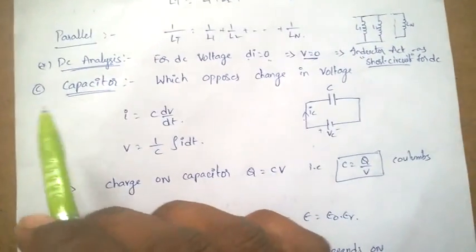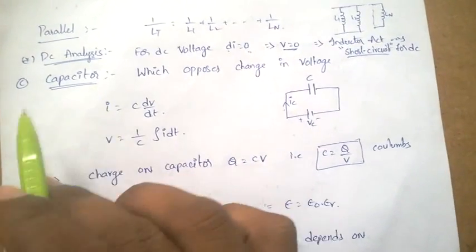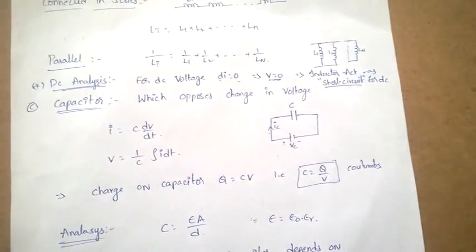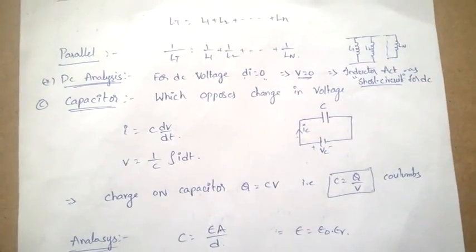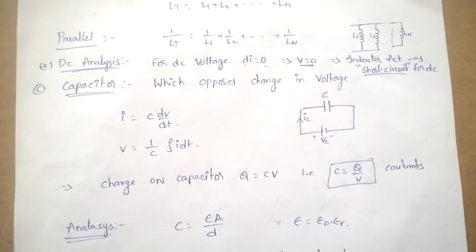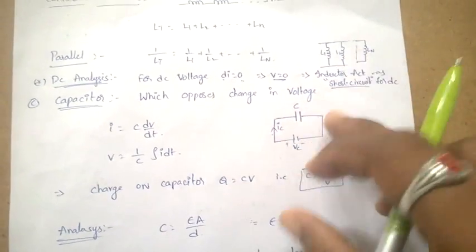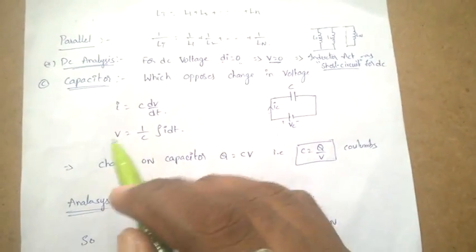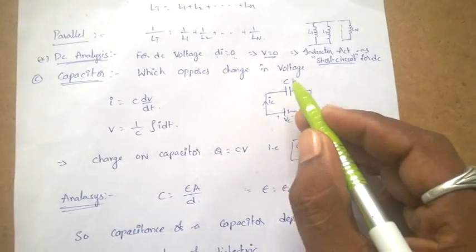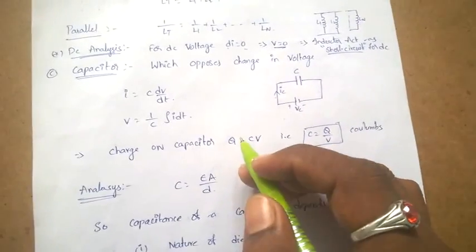The next passive element is the capacitor, which opposes the change in voltage. In case of an inductor, it opposes the change in current, but in case of a capacitor, it opposes the change in voltage. This is the schematic symbol of a capacitor.